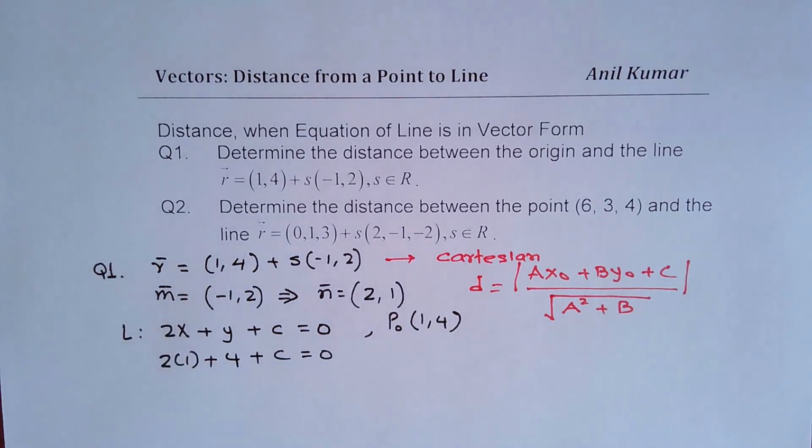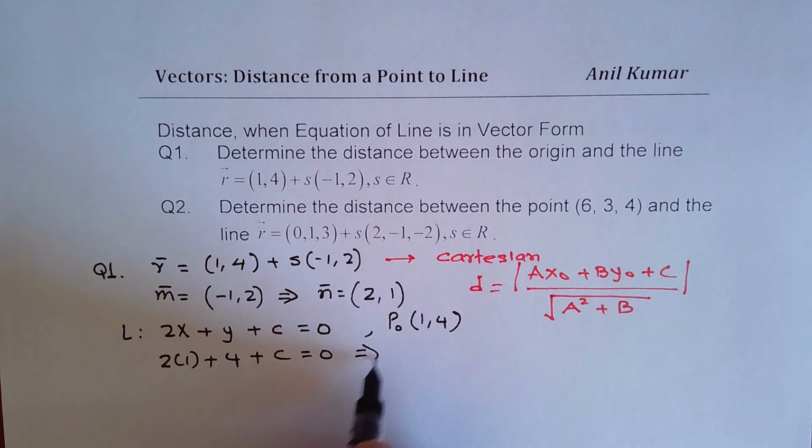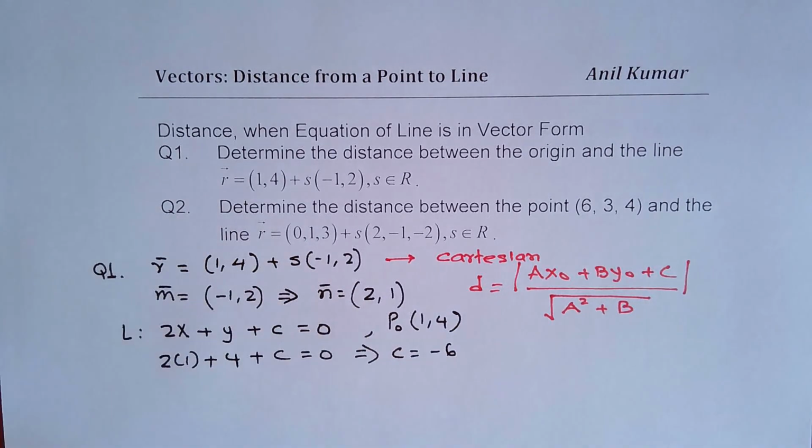So this gives the value of c as minus 6. Therefore, the equation of the line can now be written as 2x plus y minus 6 equals 0. What we have done here is write the equation in Cartesian form. This is the first step.